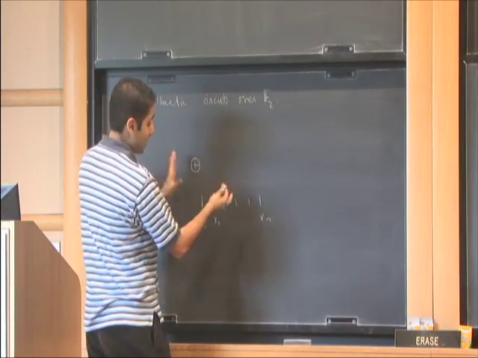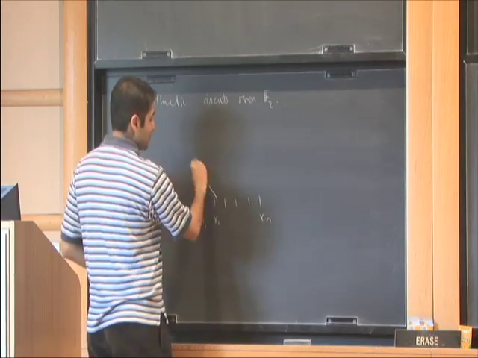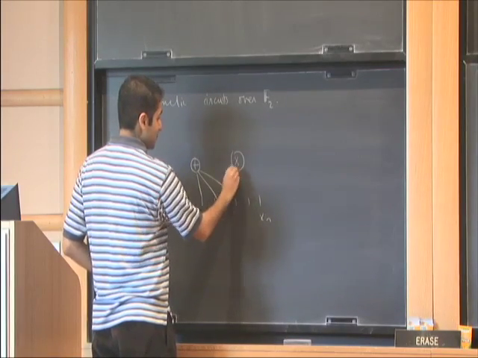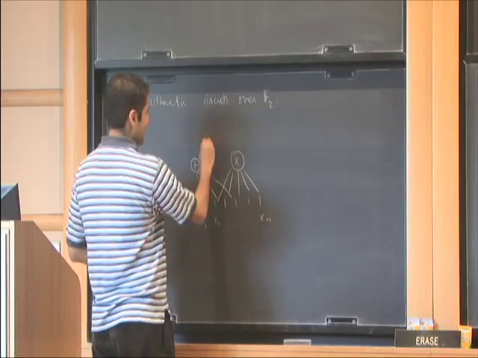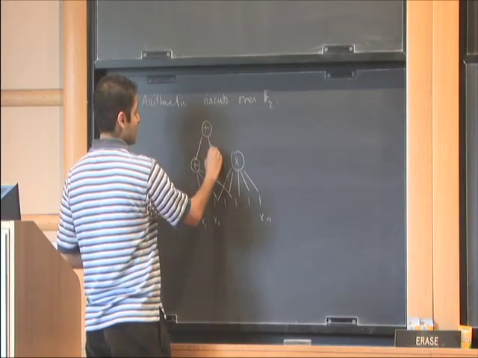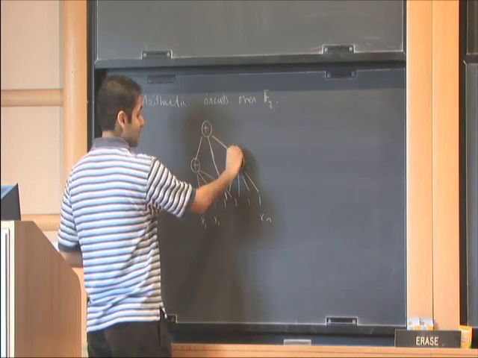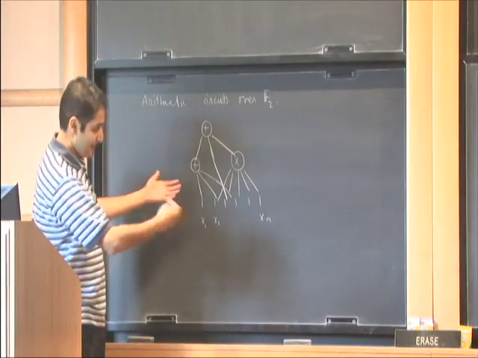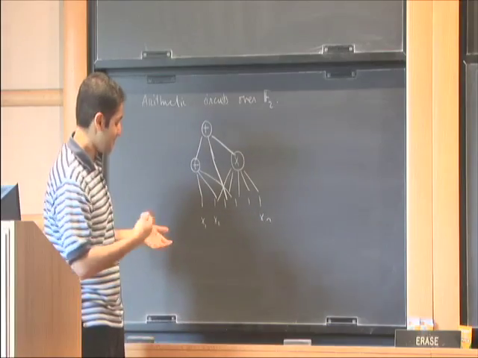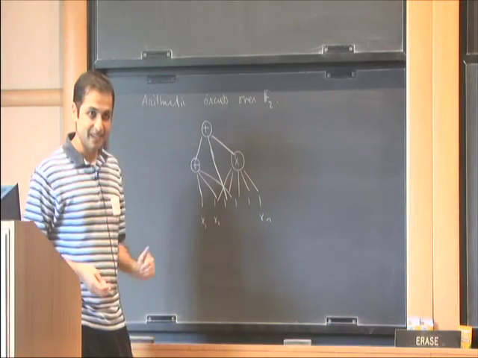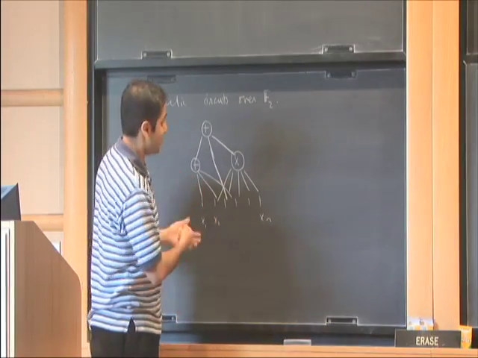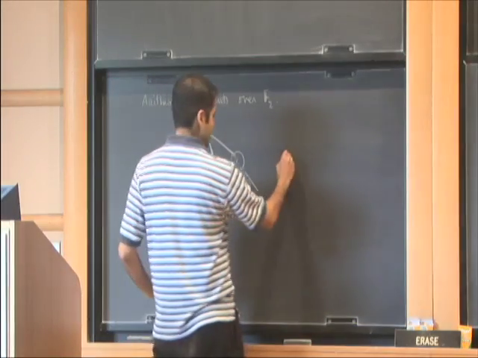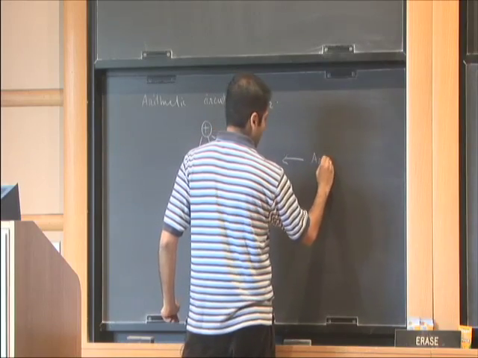So for instance, I could say I want to add this subset of input variables, and then I could take another subset of input variables and multiply them, and then I could take another subset of things that I've already computed and add them. So this is a way of specifying algebraic algorithms where I specify the sequence of operations, additions, multiplications, etc. This is what I'll call an arithmetic circuit.